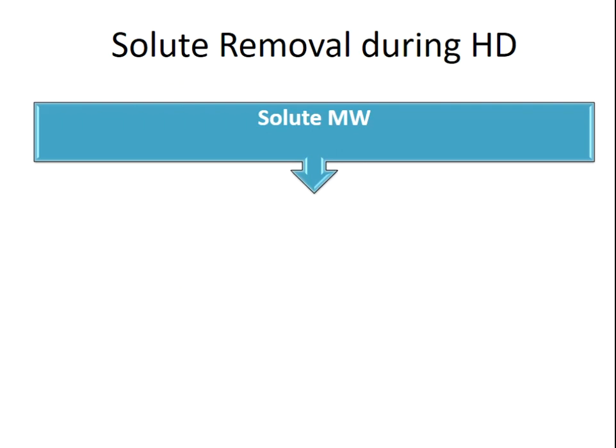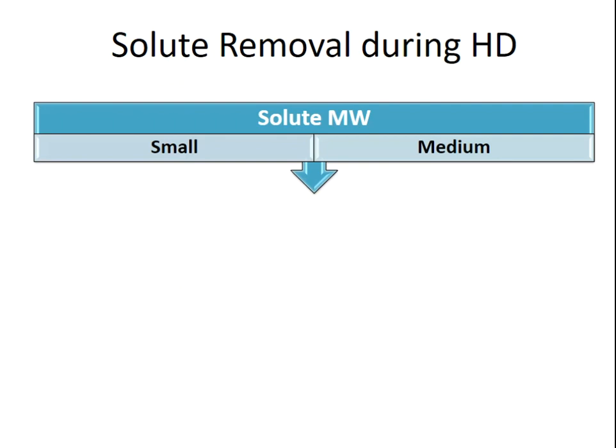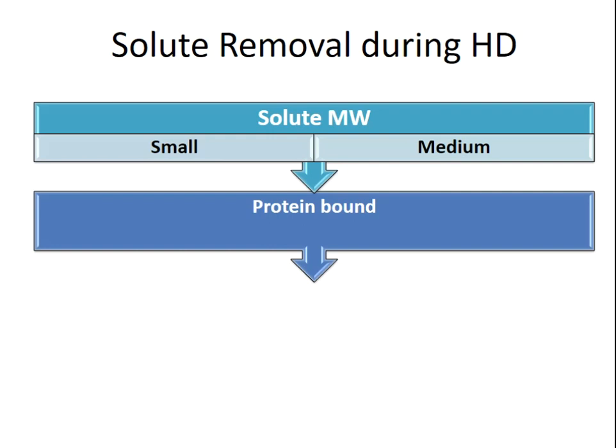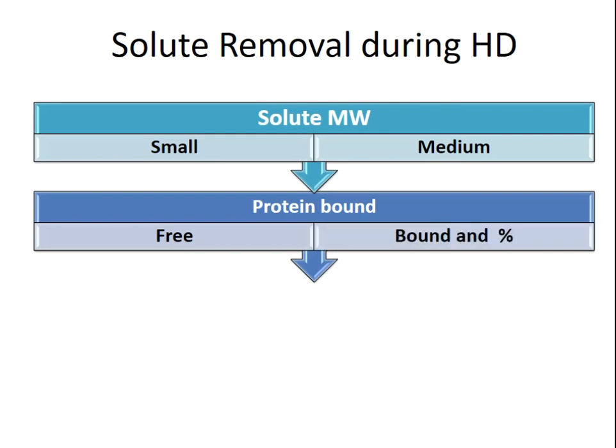Solute removal during hemodialysis depends on the solute molecular weight. Smaller is faster and better. Medium-sized is less. Either it is free, which is removed faster, or protein bound, which is hardly removed from the blood.